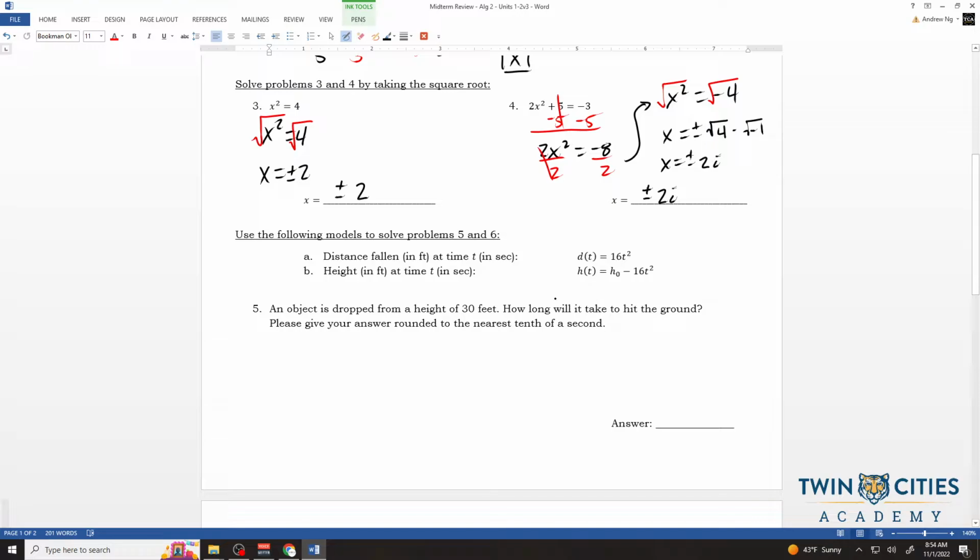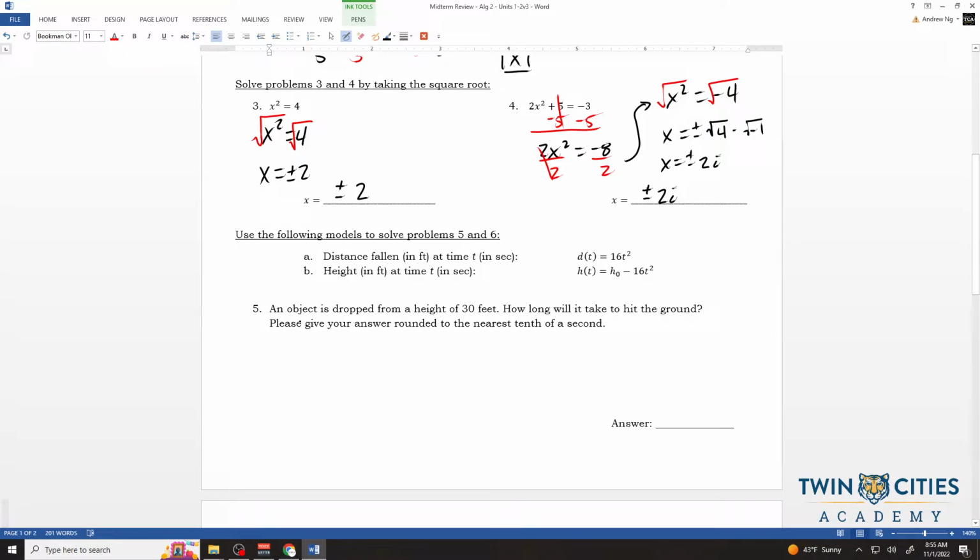All right, so when do we use each of these? My general rule of thumb is use model A when you have an object that's falling and it's going to hit the ground. Use model B when we have a starting height and an ending height, and it's not necessarily going to hit the ground, it's just going to go from one spot to another.